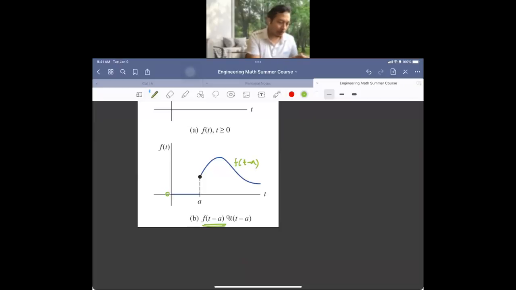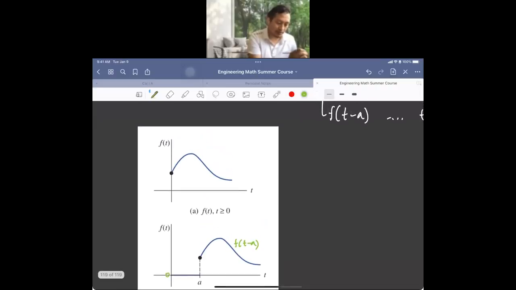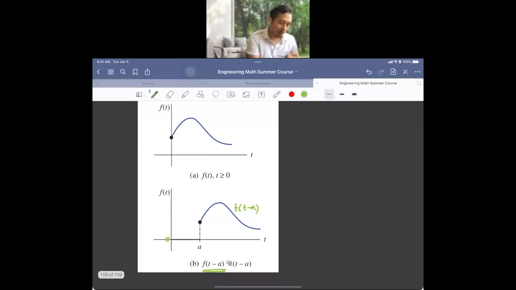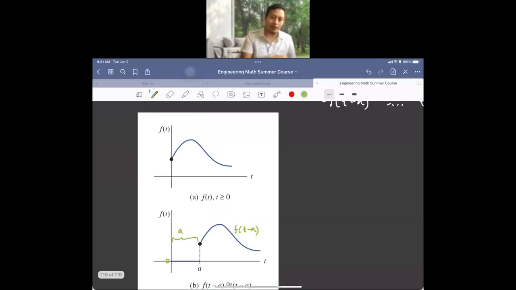But when you compare with the original function, just f of t for t positive, like this, and then you make it with these Heaviside functions, it seems that there is some shift of a. It's shifted from the original function f of t.